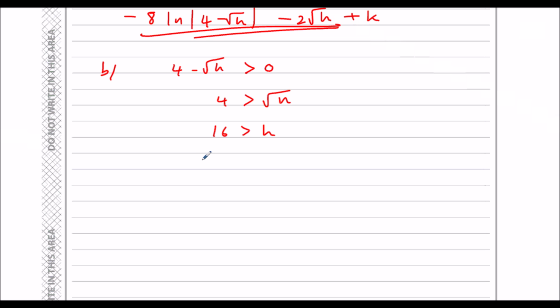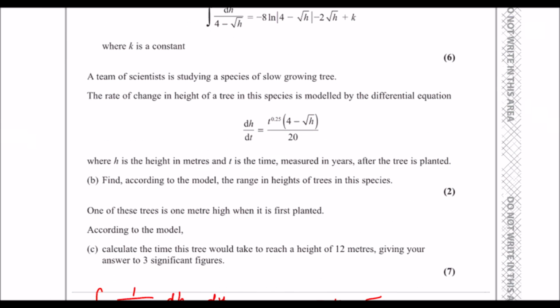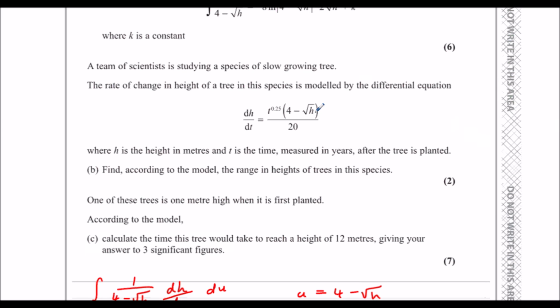So I think we can say that 16 meters is the maximum height of the tree. So it's between 0 and 16 meters tall. There's no reason it can't be 0. Yep, so let's go with that.